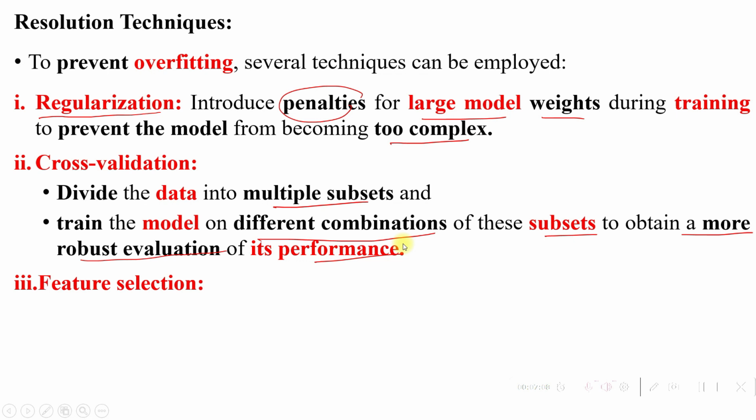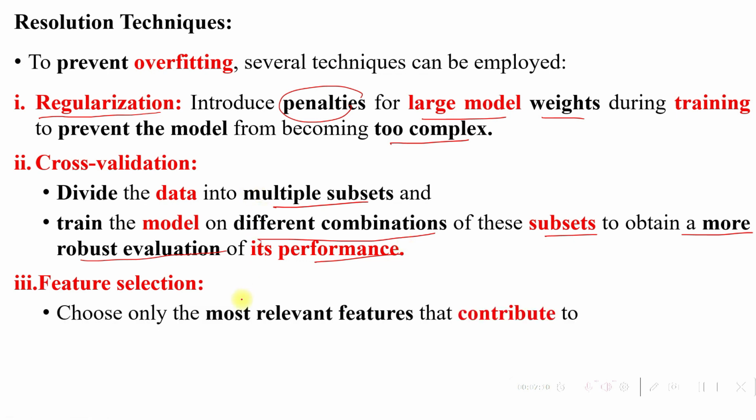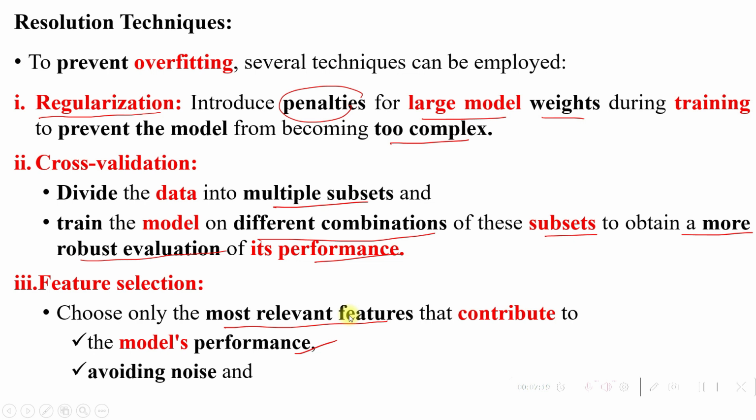And feature selection: choose only the most relevant features that contribute to the model's performance, avoiding noise and irrelevant features in the dataset. You have to find the best features for the model.